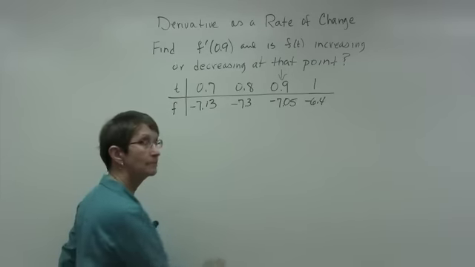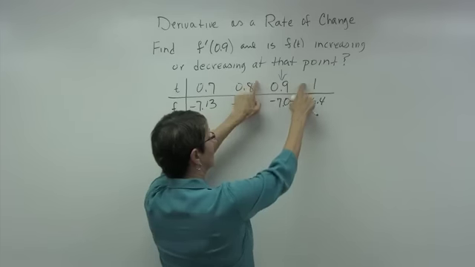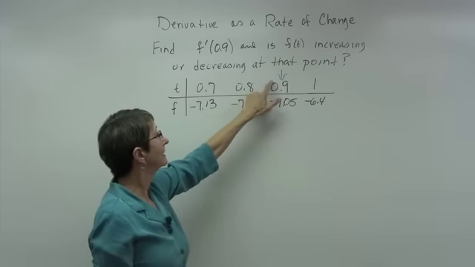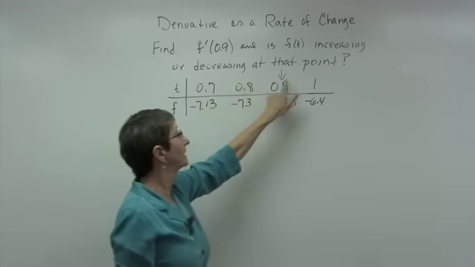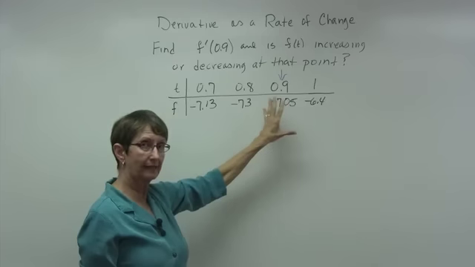Now for the shortcut method, we pick something equally distant on either side, and we see that our data table does have 1/10 of a unit this way and 1/10 of a unit this way. I can't get closer. I can only work with the data I'm given.